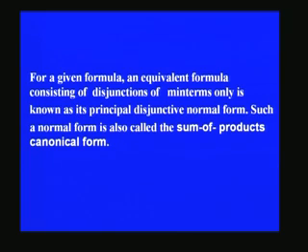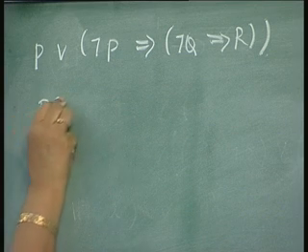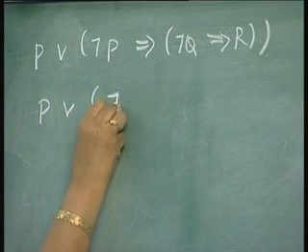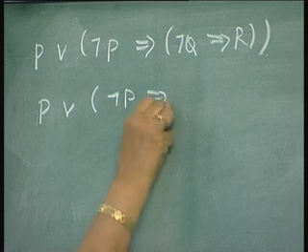Let us take some example. Now, consider this example: P or (not P implies not Q implies R). This you can write as P or (not P implies this one).